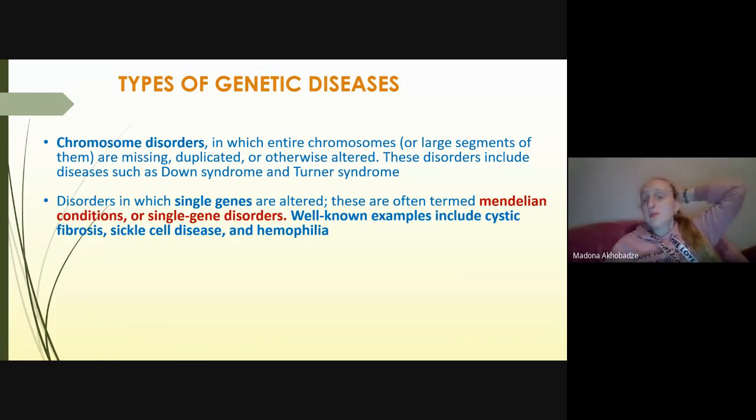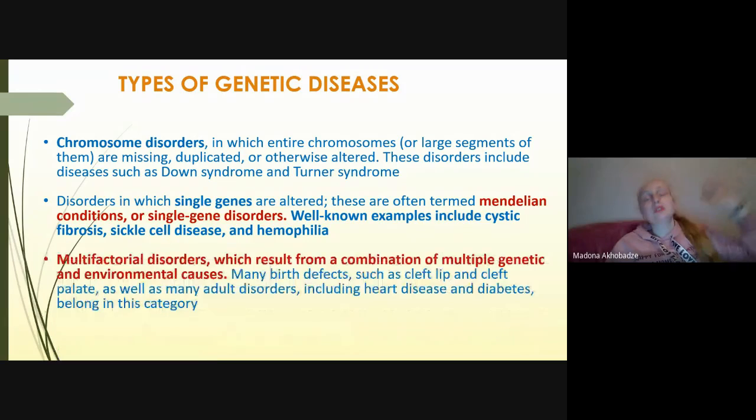And we have complex diseases, so-called multifactorial disorders, which result not just from genetic disorder, but also from epigenetic factors like environmental causes, chemicals, and other mutagens affecting the development of the disease, like birth defects, cleft palate, cleft lip, and many adult disorders.